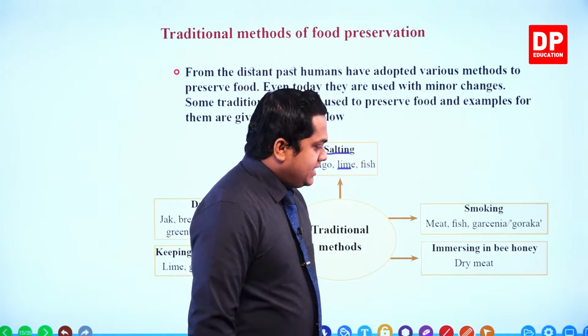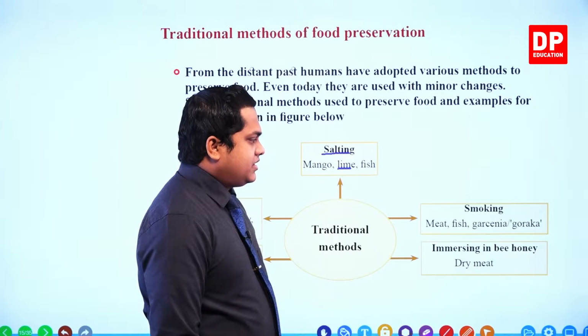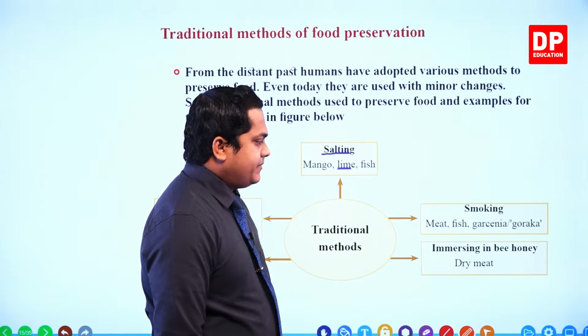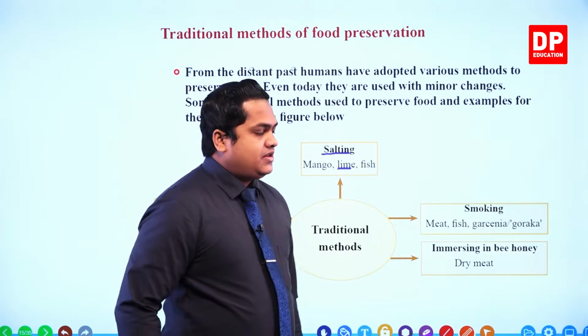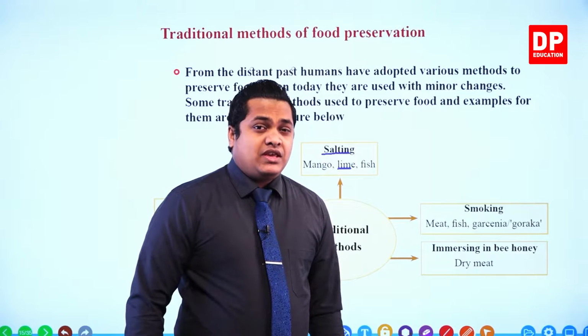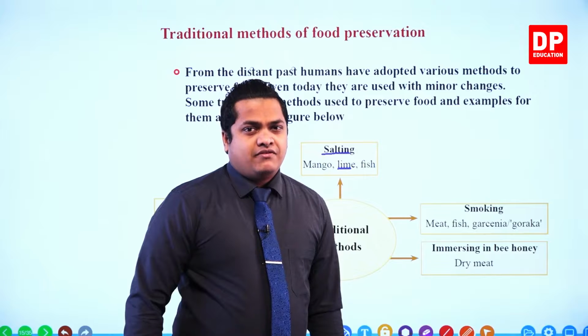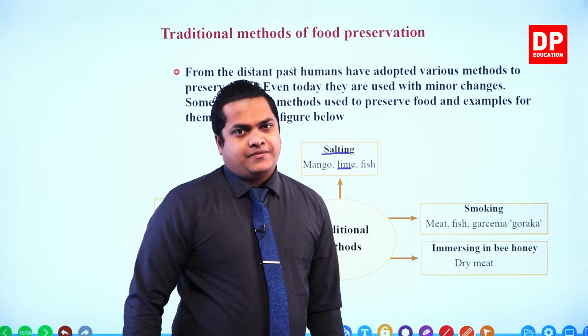Then immersing in bee honey, another traditional method. The dried meat from the smoking process can be kept for an even longer time if it is held within bee honey.